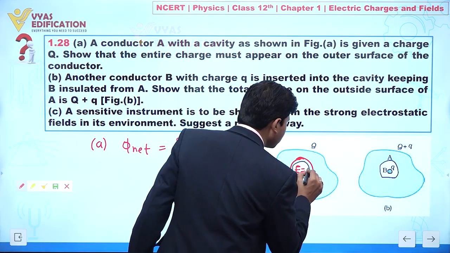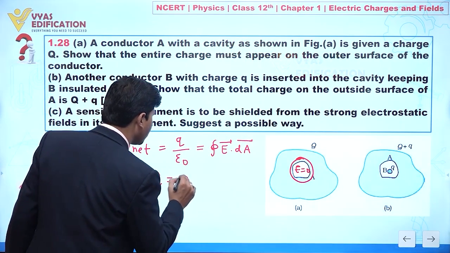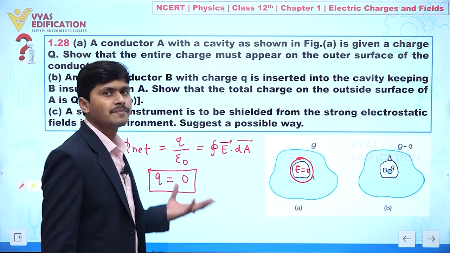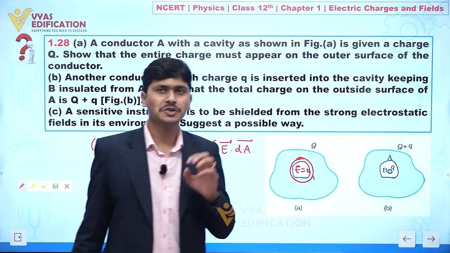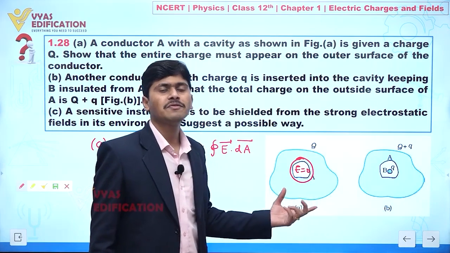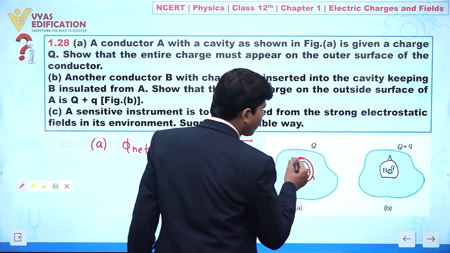So when E equals 0, Q should be equal to 0. Now listen carefully, this Q is the net charge present inside this cavity, and it should be 0. In this cavity we do not have any charge, so we will not find any charge here.